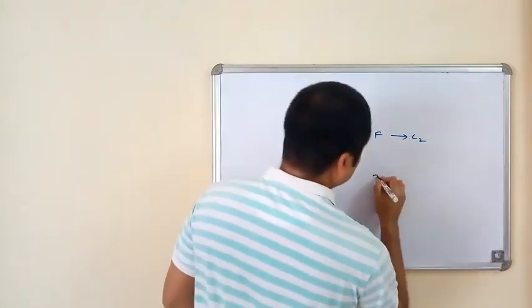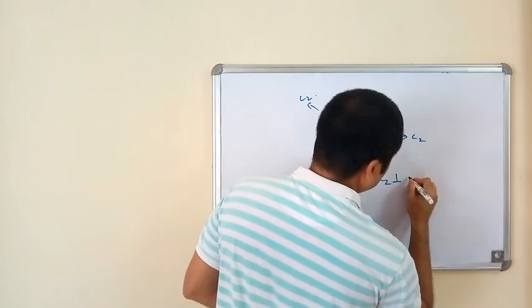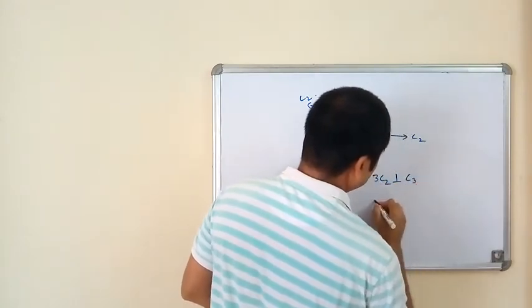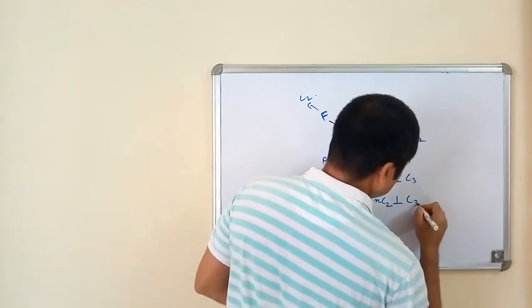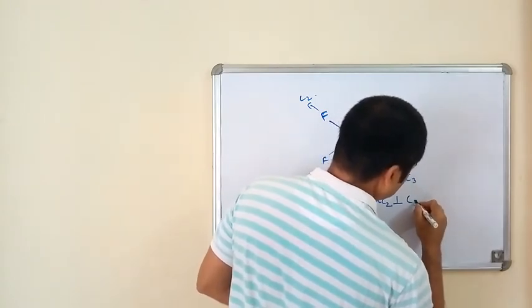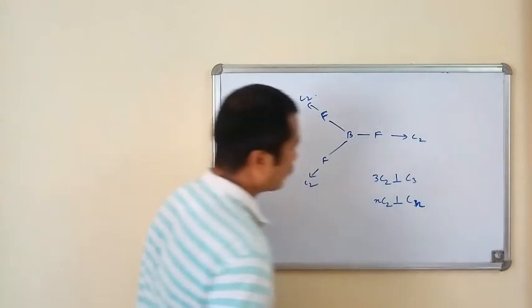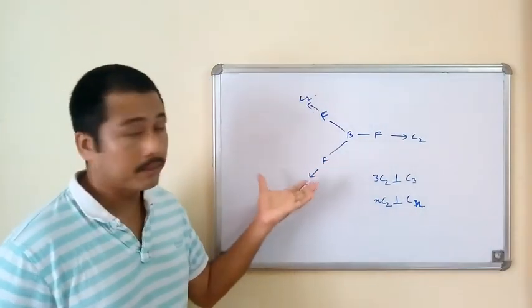So there are three C2 axes perpendicular to the C3 axis. As we have said, there are going to be n C2 if you find one C2 perpendicular to the Cn axis of symmetry, and this is the case in the BF3 molecule.